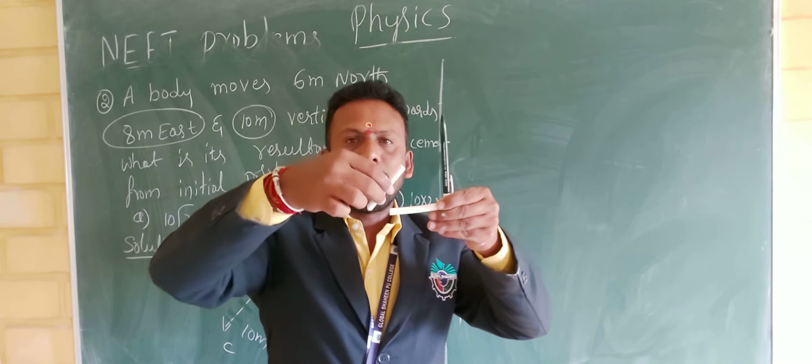Look here. This is the resultant between east and north direction, and this is the vertically upward direction. Therefore, the angle between these two is 90 degree. This is 10 meter and this is also 10 meter.